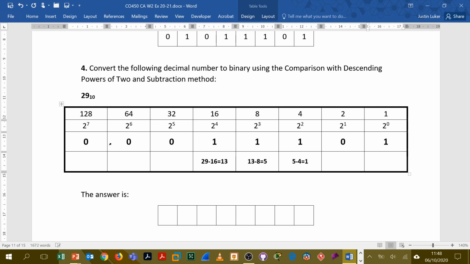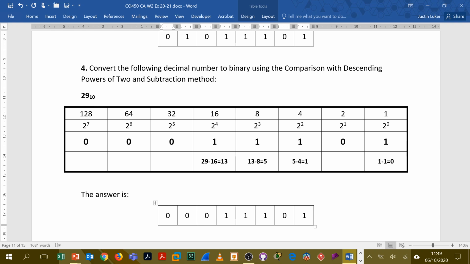So that again we could double check. So 16 plus 8 is 24, plus 4, 28, plus 1, 29. There we go.